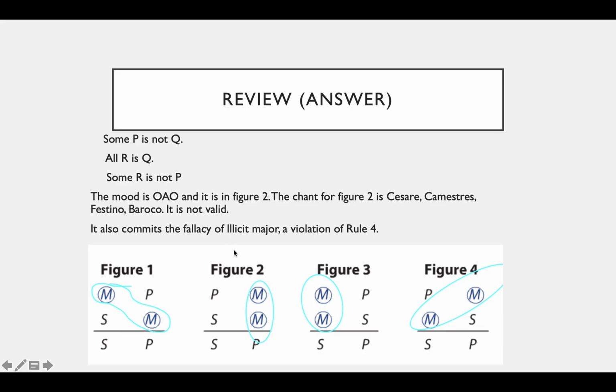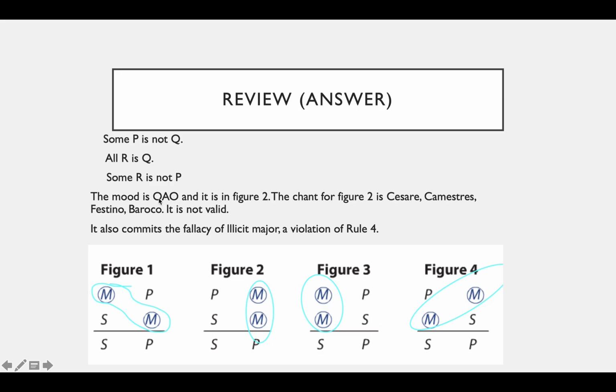You can see here the middle term is the predicate of both premises. Now, it's AOO, and if you looked at the chant, in figure 2 you will see Cesare, Camestres, Festino, Baroco. You do not see OAO.